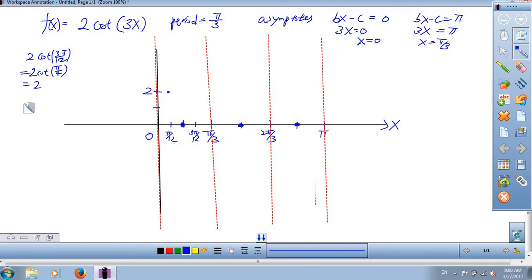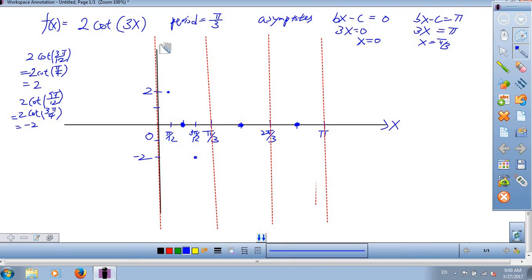Then at 9 pi over 12, which is 3 times 3 pi over 12, reduced to 3 pi over 4, that's in the second quadrant. Cotangent in the second quadrant is negative, so negative 1 times 2 is negative 2, and it will be negative 2 down here.